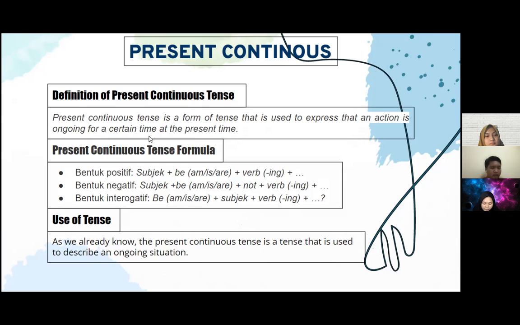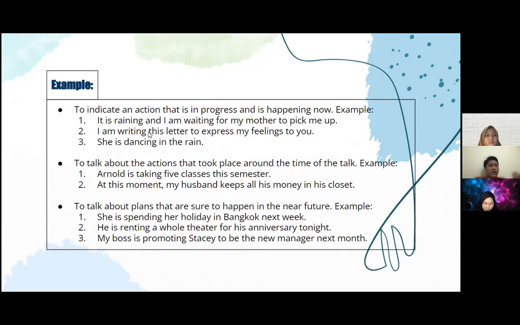The third point, use of tense. As we already know, the present continuous tense is a tense that is used to describe an ongoing situation. The first use is to indicate an action that is in progress and is happening now.